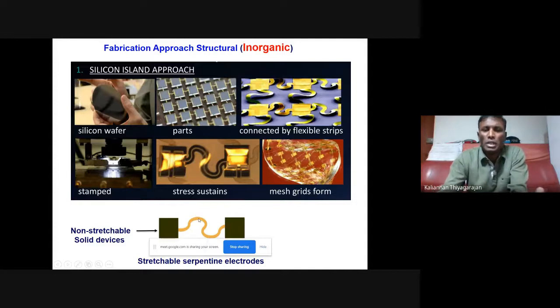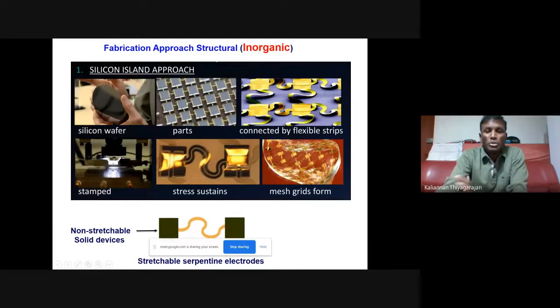This approach is really useful, and it also gives high performance, because, as I will discuss in the next part, when we go to the organic material, their efficiency was really poor, because we are using silicon, as its efficiency was very good. So that's why we already have the solid state commercial electronics. So the same material can be utilized for stretchable electronics in such a way.